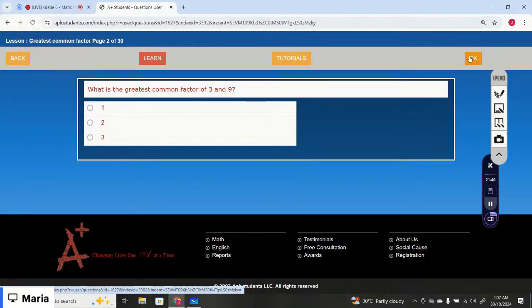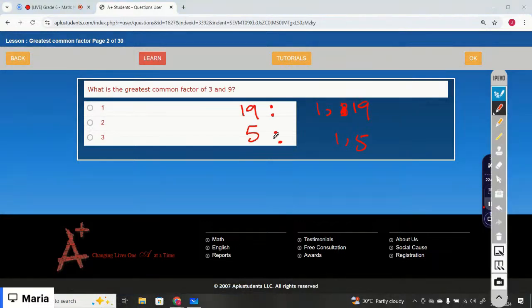What is the greatest common factor of 3 and 9? Let's make the factors of 3 and 9. The factors of 3 are 1 times 3, like 1 and 3. And the factors of 9 are 1, 3, and 9.